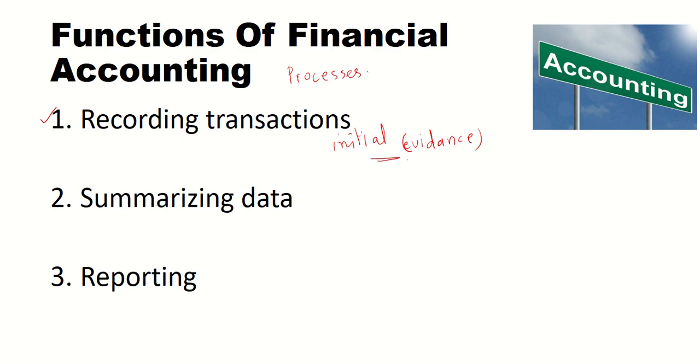Like when we go grocery shopping, we maintain our bill records, or if we pay utility bills, we also maintain those records just to stay in line with all the payments and all the receivables. Then second, summarizing data. This is a function of financial accounting. Then third is reporting the data.